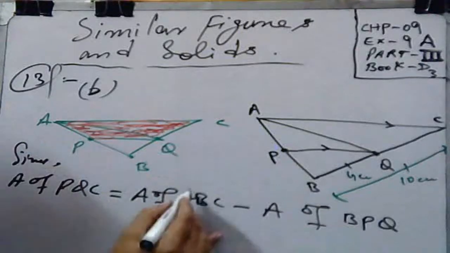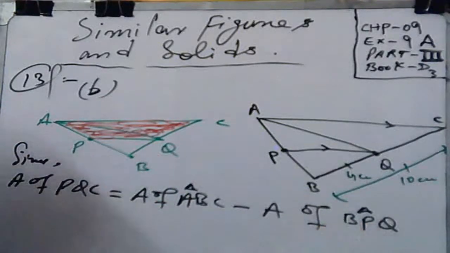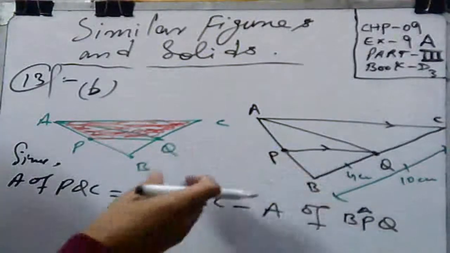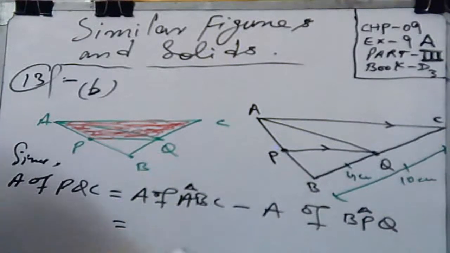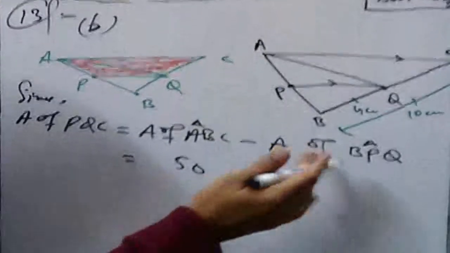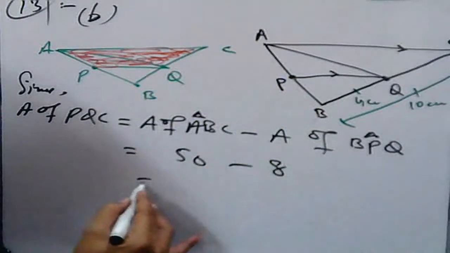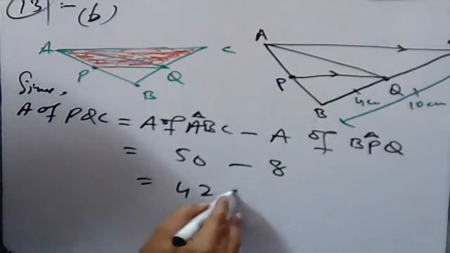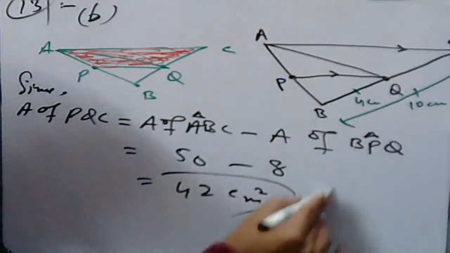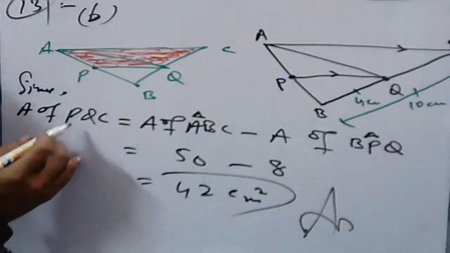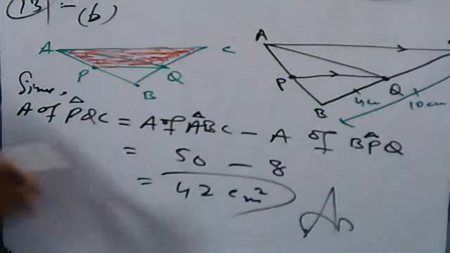So that is your triangle ABC. Putting the values, the area of ABC you calculated in the previous part is 50, and the area of PQ is given to us in the question, that is 8. So 42 centimeter square is your required area of triangle PQC.